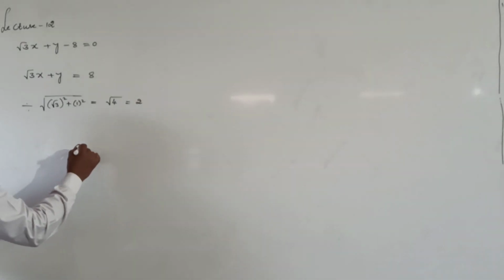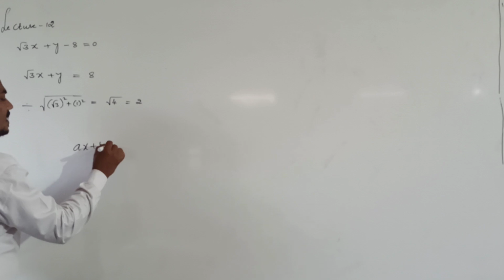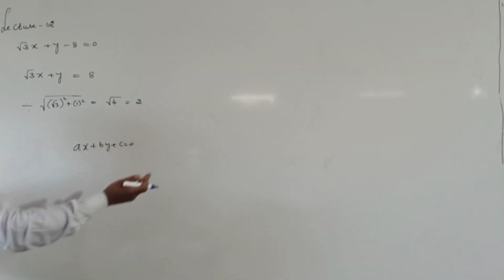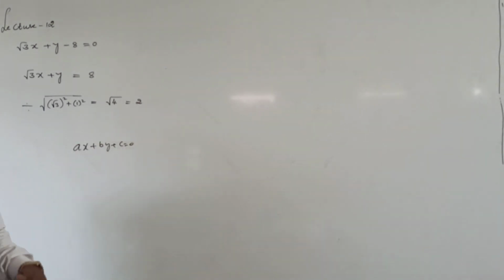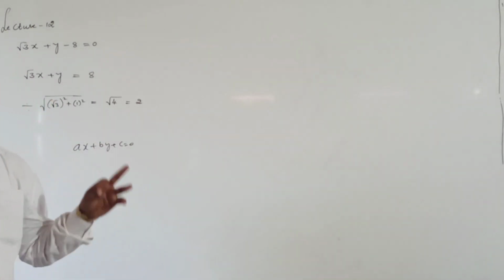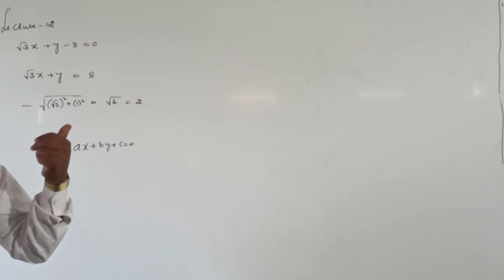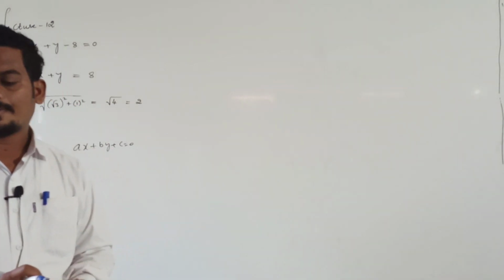Suppose the general equation ax plus by plus c equal to 0 is given, then send the constant term to the RHS, then divide by the square root of a square plus b square. What is a? A is the coefficient of x, b is the coefficient of y.